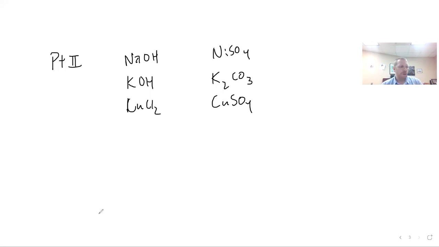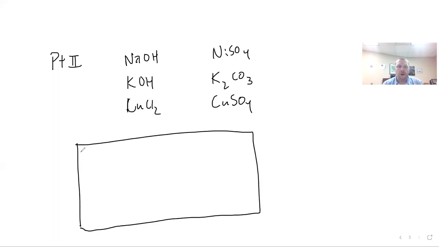What you're going to do, if you look on page number 115 of your procedure, this tells you to put together a matrix on your 24-well plate. And in that matrix, you're going to mix your strong bases, which, spoiler alert, this is a strong base and this is a strong base, NaOH and KOH.